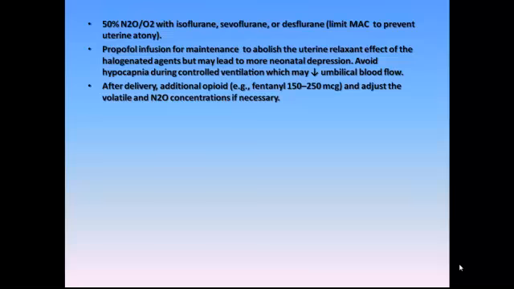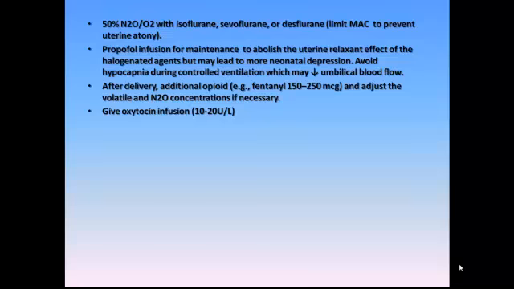After delivery, we may add opioids, fentanyl for example, and adjust the volatile and nitrous oxide concentration if necessary. We may decrease the concentration of the volatile anesthetic and raise the concentration of nitrous oxide, or according to the situation.